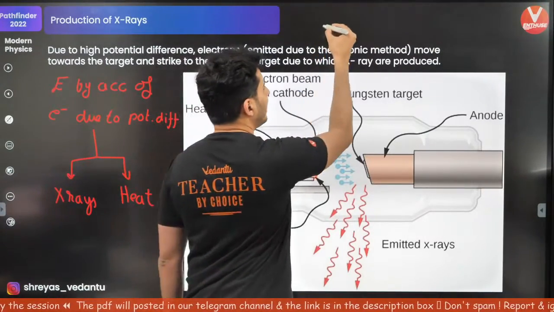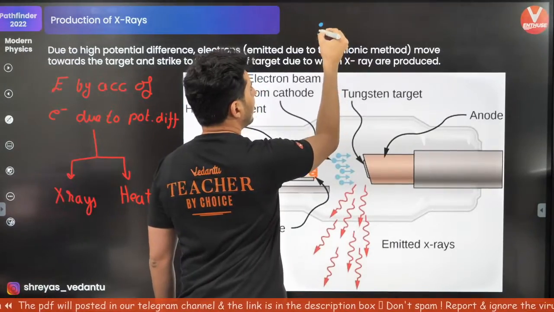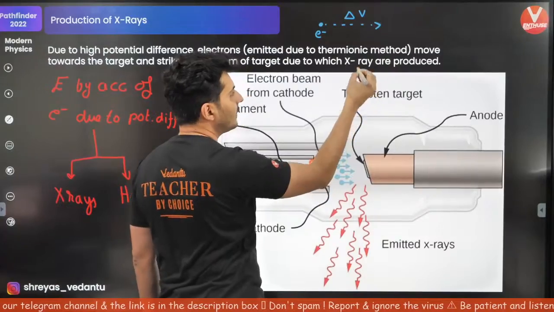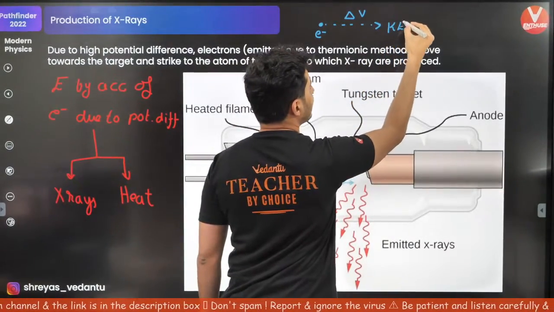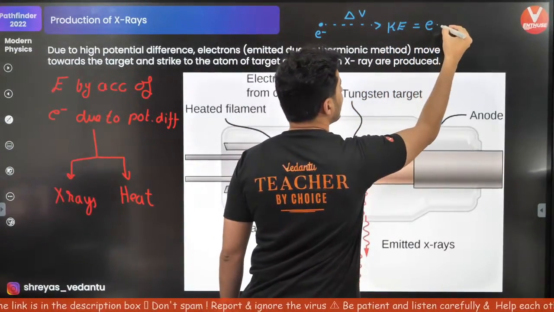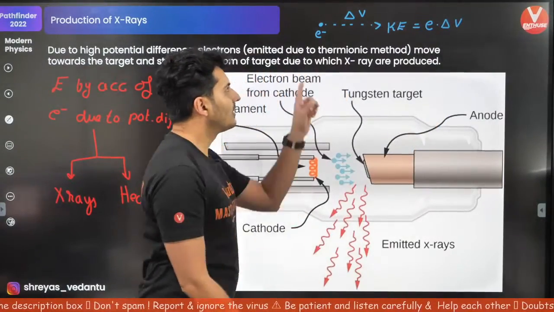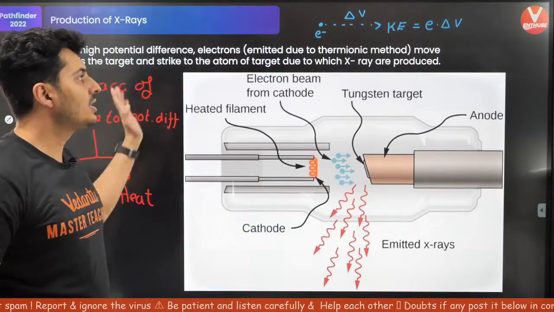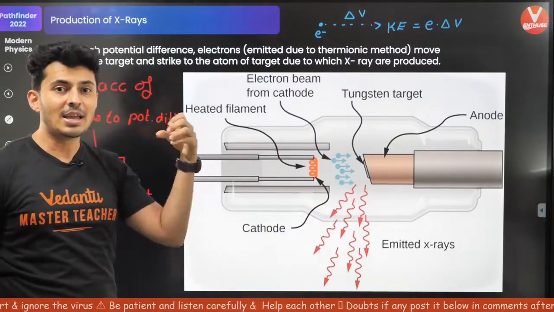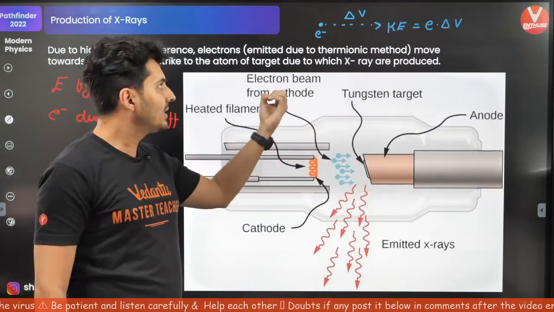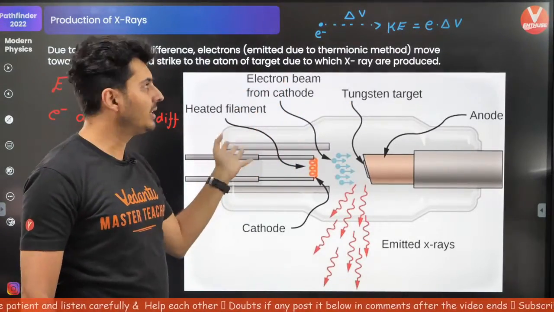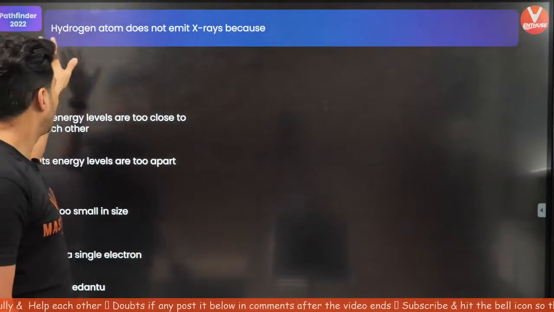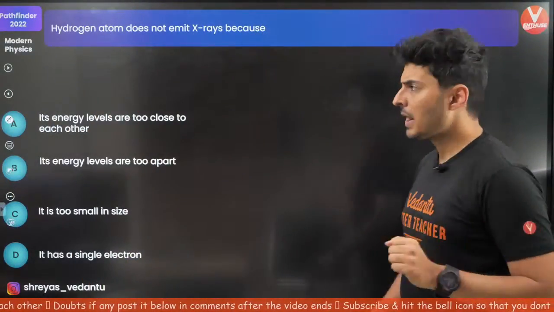We all know if you take one electron and accelerate it by a potential difference of delta V, the kinetic energy that it will get is the charge times the potential difference. So this is the kinetic energy of the electron. Everybody agrees to this? Charge times voltage is the potential energy which it loses. That loss of potential energy comes as kinetic energy of that electron. As simple as that.